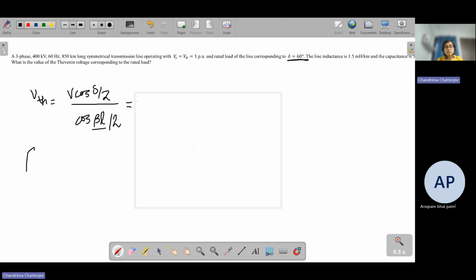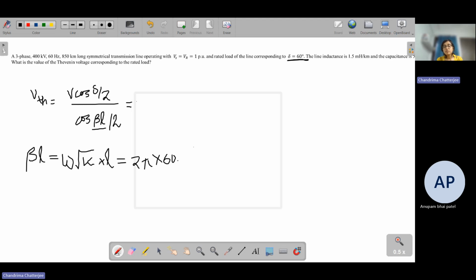Now, what is beta L? Beta L is equal to omega root LC multiplied by L, where L is the length of the transmission line. Omega is the angular frequency, 2 pi times 60, because the frequency is 60 hertz. That is mentioned.